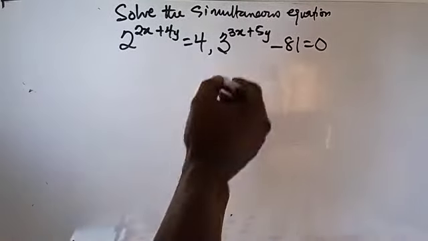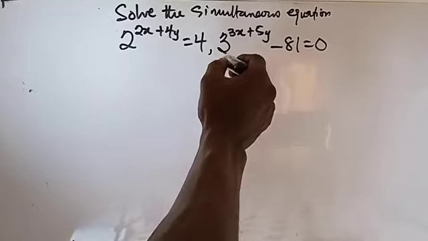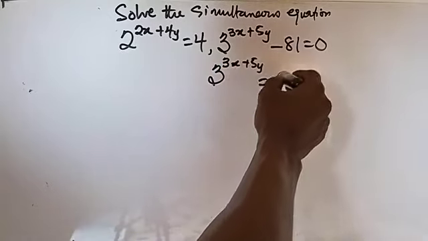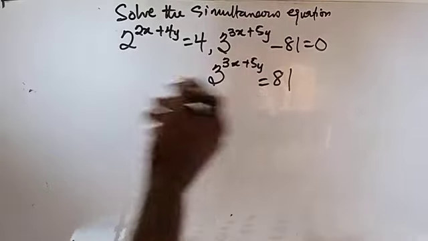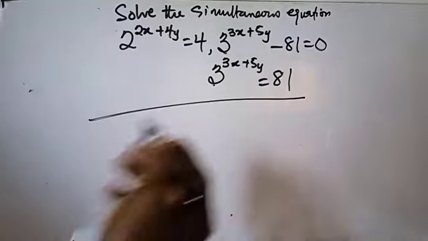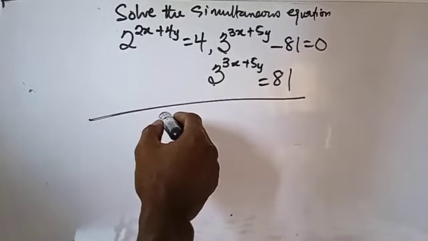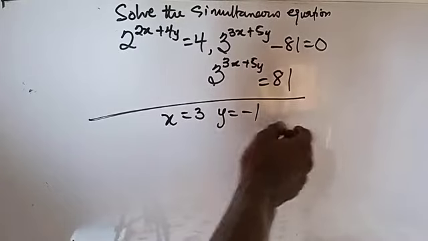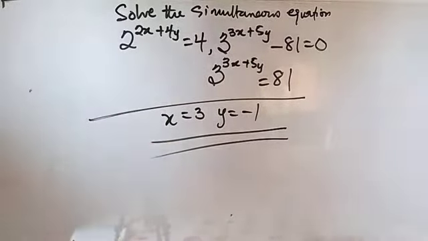This is the same thing as saying 3 raised to the power 3x plus 5y equals 81. So there you have it. The answer for this particular question, after solving it, I actually got x equals 3 and y equals minus 1. So this should be your answer after solving this.